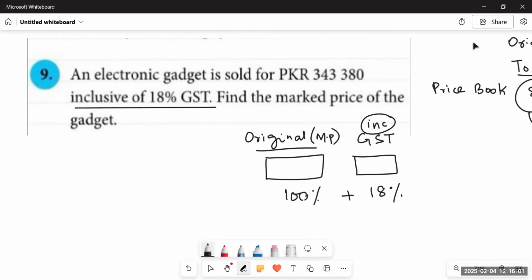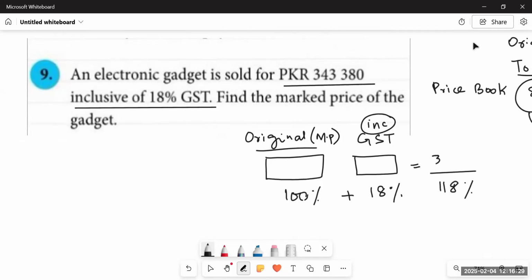And since there is a GST of 18%, it means the final amount would have a percentage of 118%. That is the price at which it is actually sold, which is given in the question. An electronic gadget is sold for PKR 343,380 inclusive of 18% tax. Inclusive of 18% tax means this amount includes the GST amount.